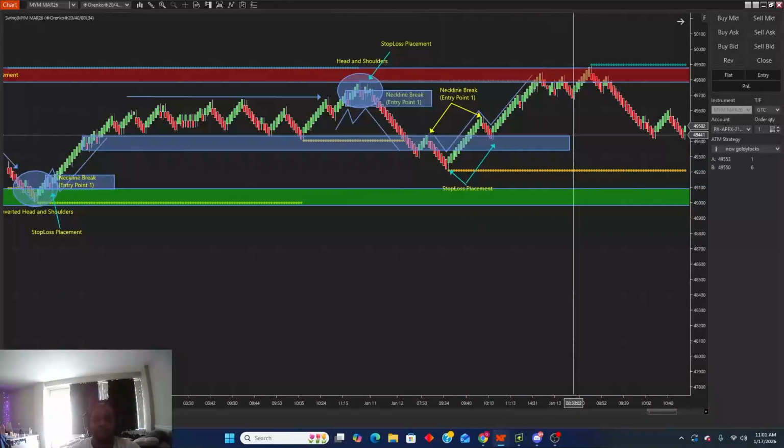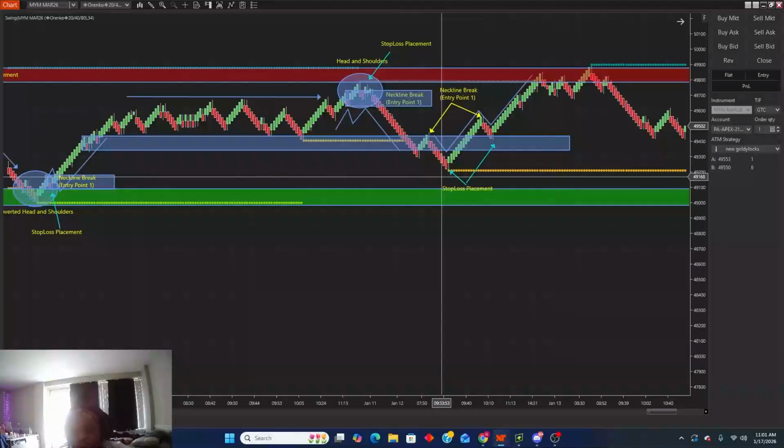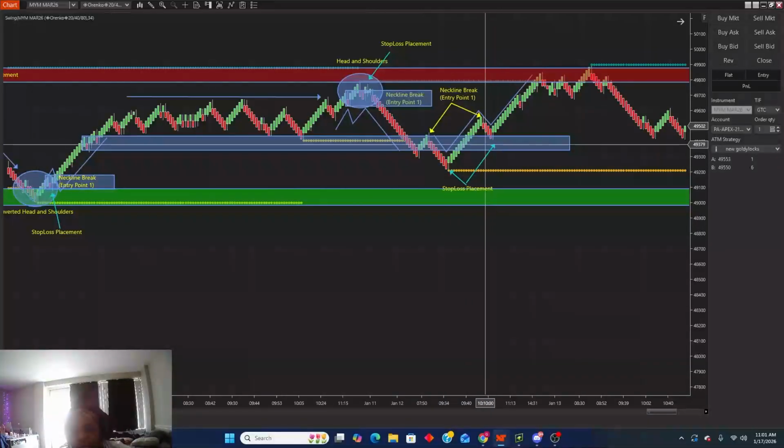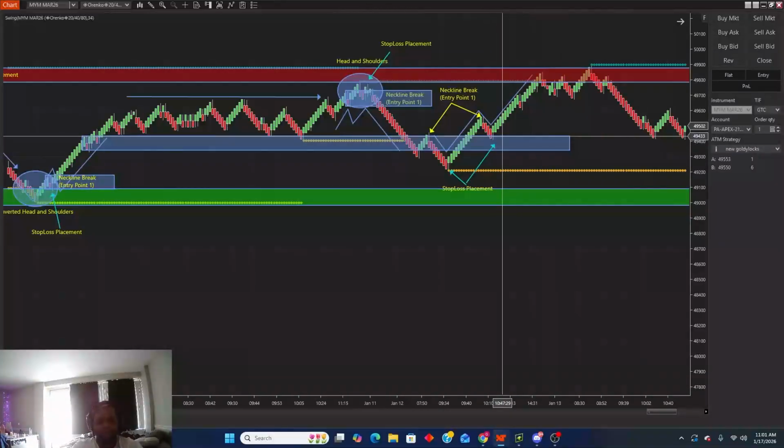Your stop loss is either here if you're anticipating the W, or here if you're anticipating the inverted head and shoulders. Feel me?